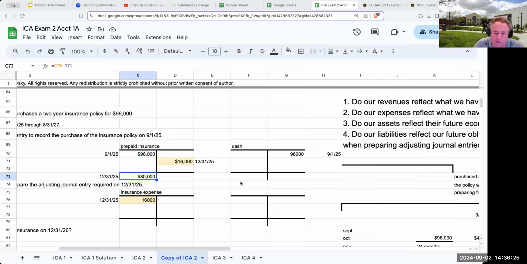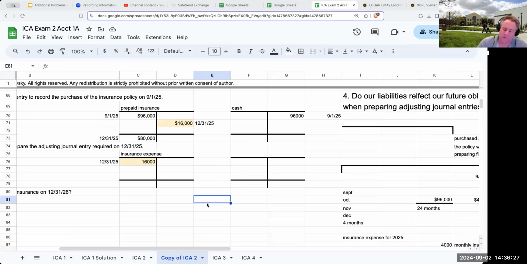Is that 80,000 correct? Well, the policy was for 24 months. We've used 4 months, or from 9/1 through 12/31/25. So we have 20 months left.